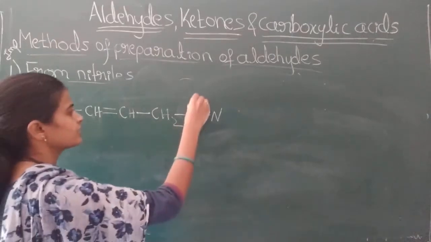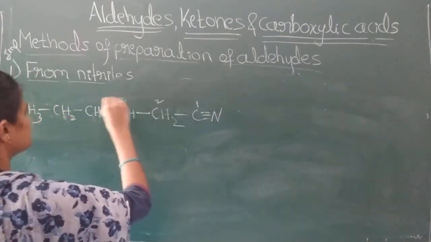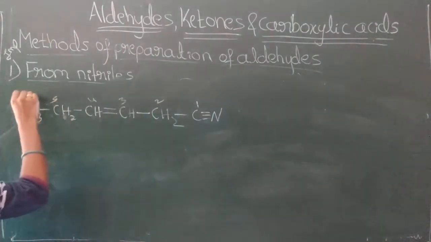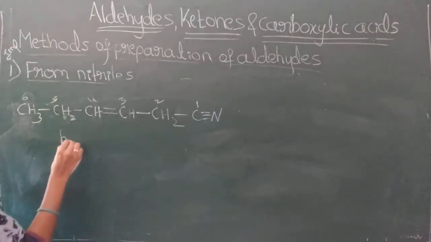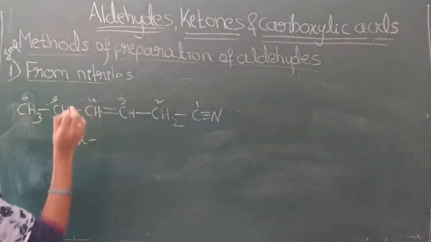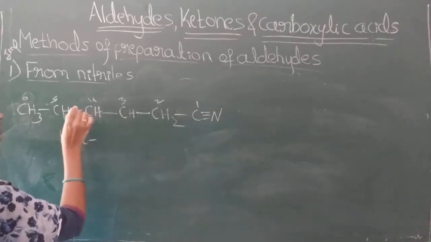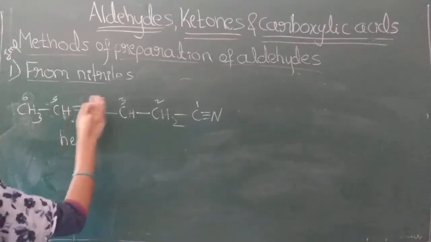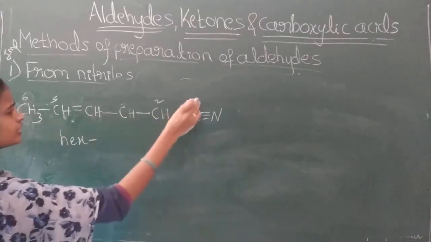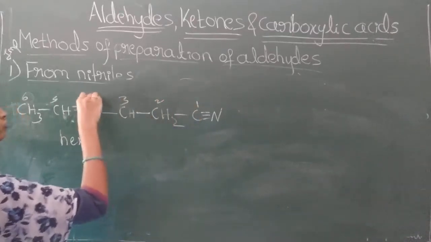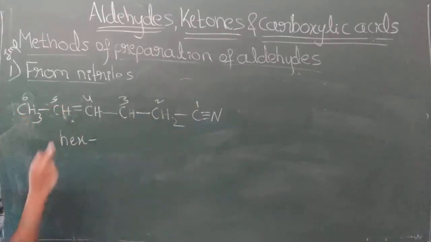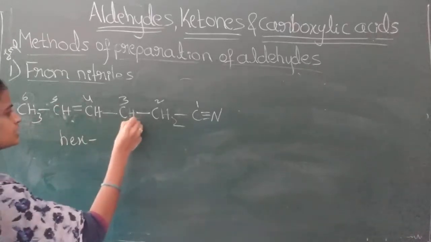Numbering the carbon atoms 1, 2, 3, 4, 5, 6, the double bond is at the third carbon atom. Valence is satisfied, yes, CH2 it is.